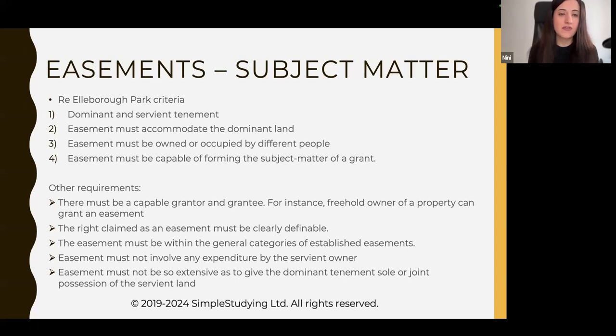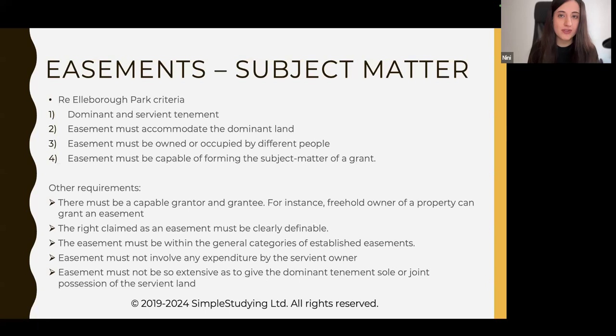Re Ellenborough Park criteria. First, there has to be a dominant and a servient tenement. Dominant tenement is the one that is getting the benefits. That's why it's called dominant. Whereas servient tenement is the one that serves the benefit. That's why it's called servient. Second, the easement must accommodate the dominant land.